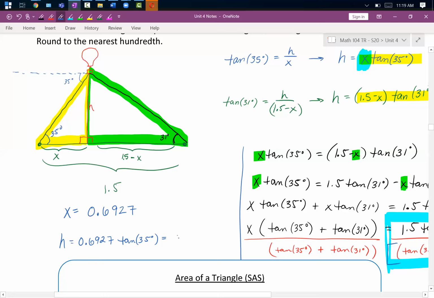Anybody with an answer? Should I just do my answer? Sure, if you have one. 0.485. So we're rounding to the nearest hundredth, so we'll make that 0.49. Yeah. And our unit is miles.